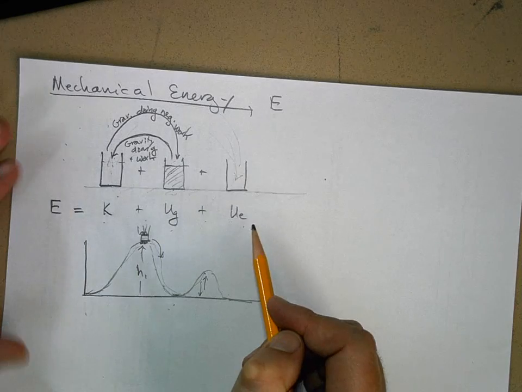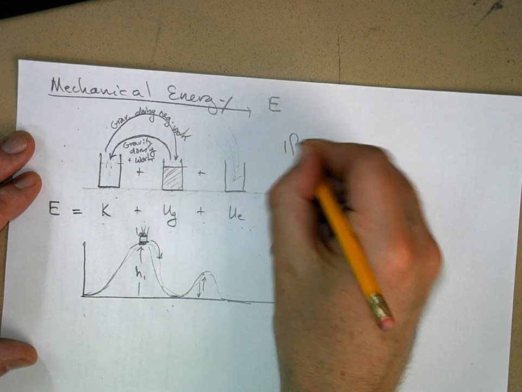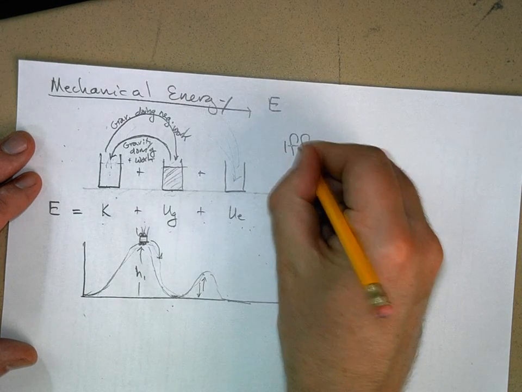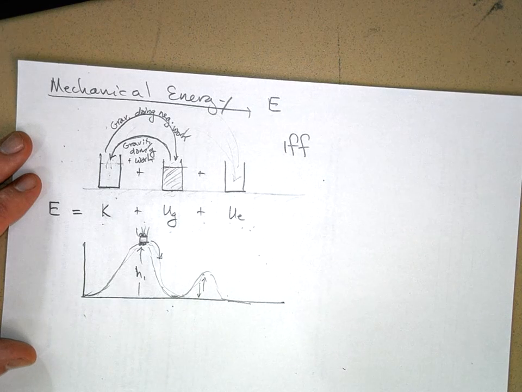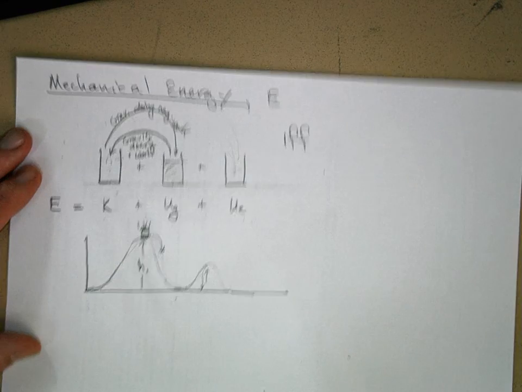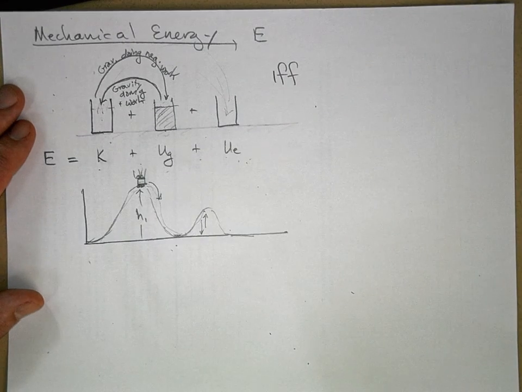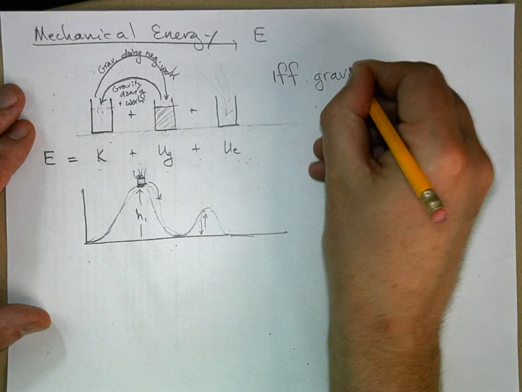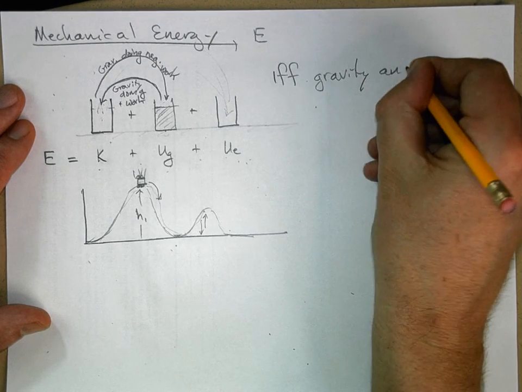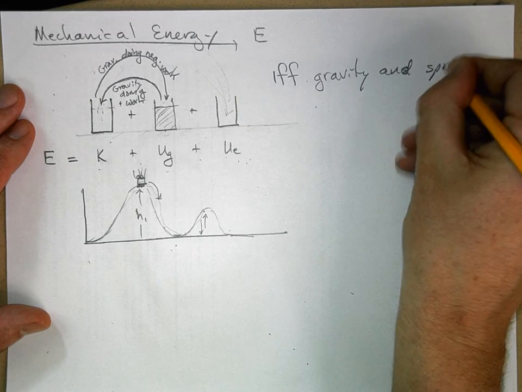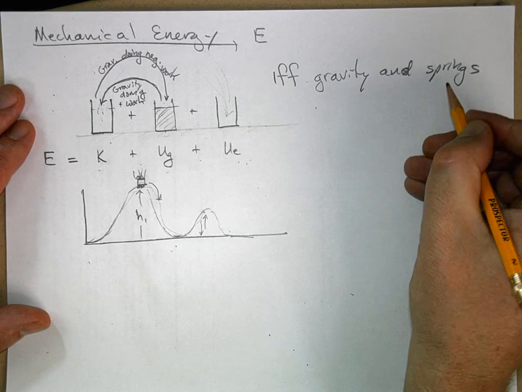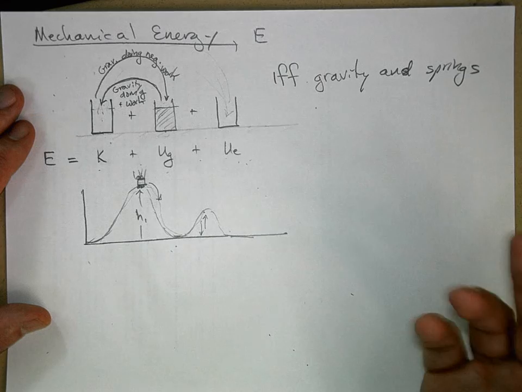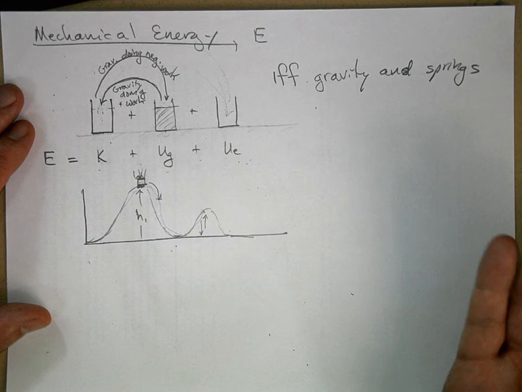But if, and only if, have you seen iff before? If and only if, maybe in your math class. Gravity and springs. By springs, I can include rubber bands, elastic bands, bungee cords, whatever.